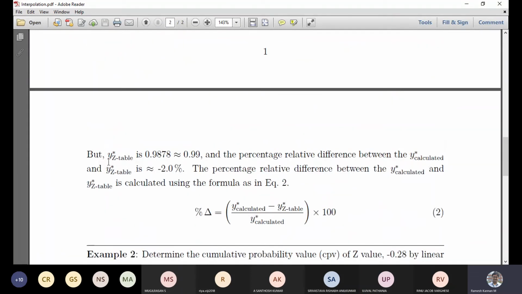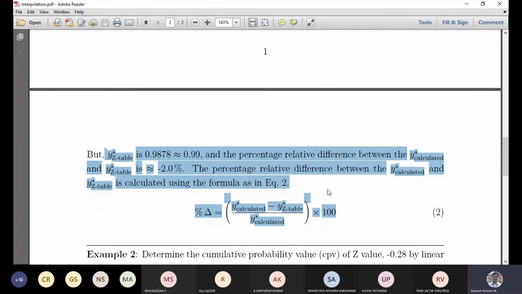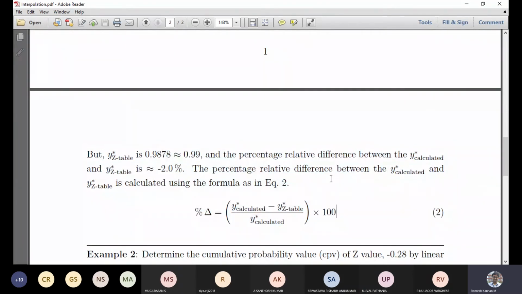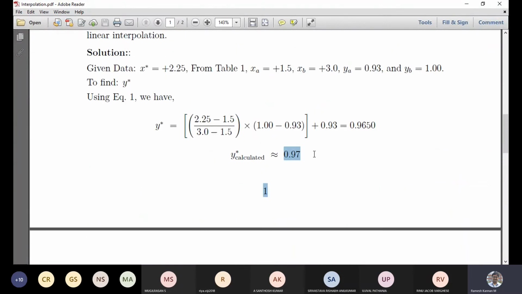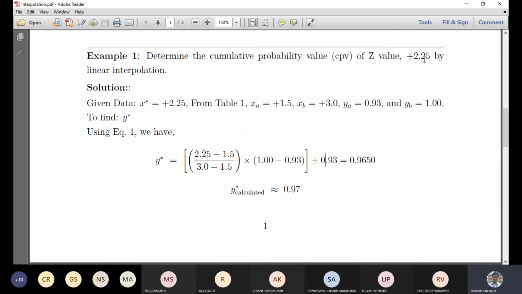This is just to illustrate how the actual Z table and your calculated value compare. You can put it in terms of percentage: for plus 2.25, the probability of completion is about 0.97, something like 97 percent. So this is how you calculate it.